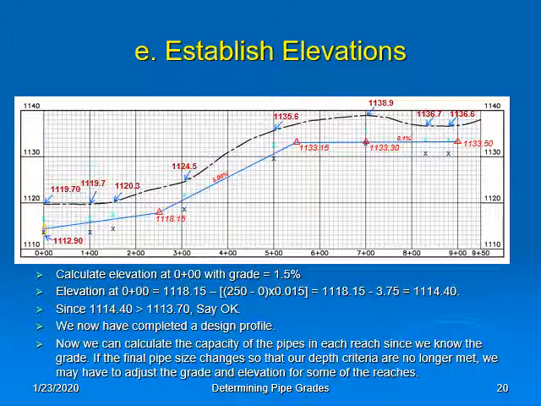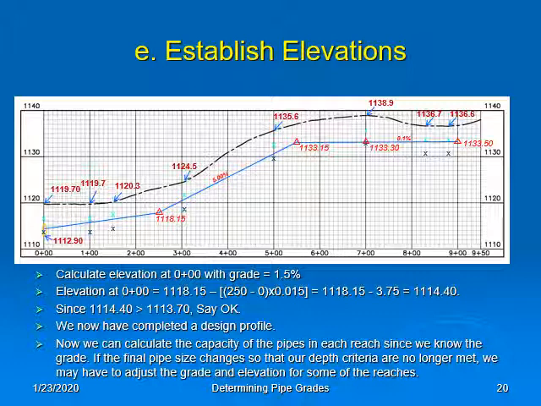So our elevation at 0 plus 00 is going to be our elevation at 2 plus 50, 1118.15, minus the elevation change over 250 feet at a 1.5% grade, and that gives us an elevation of 1114.40 at station 0 plus 00.